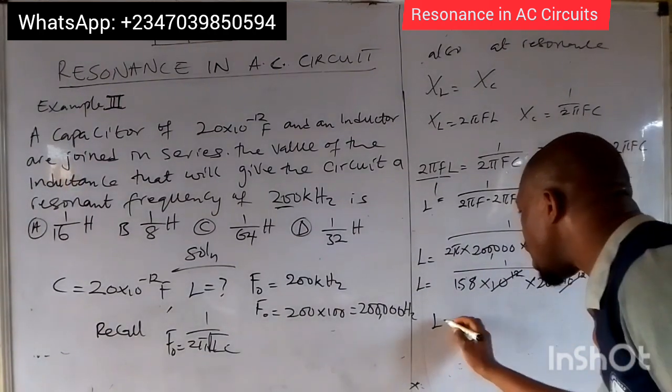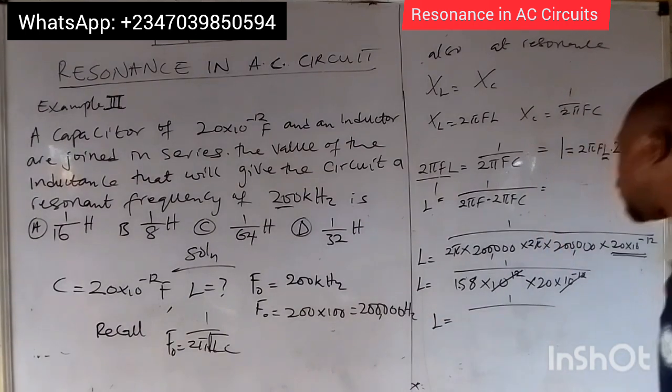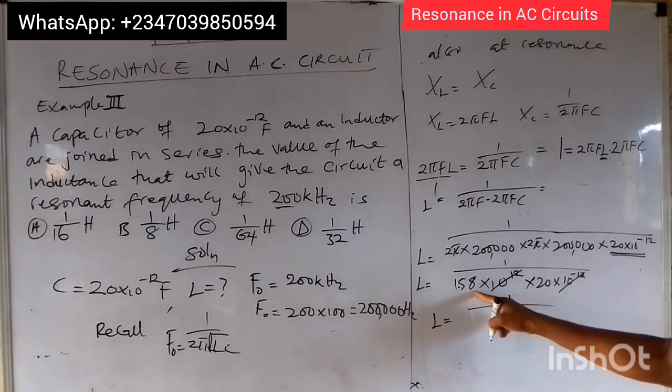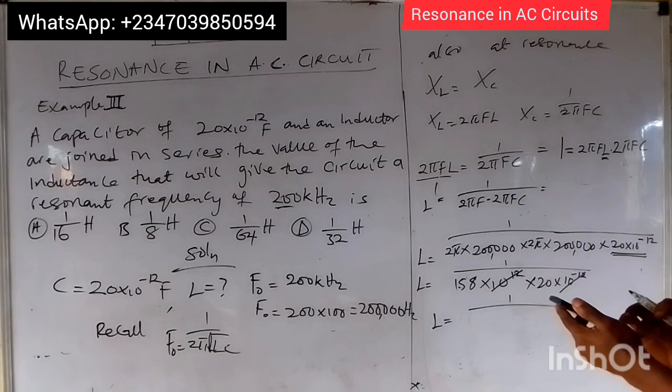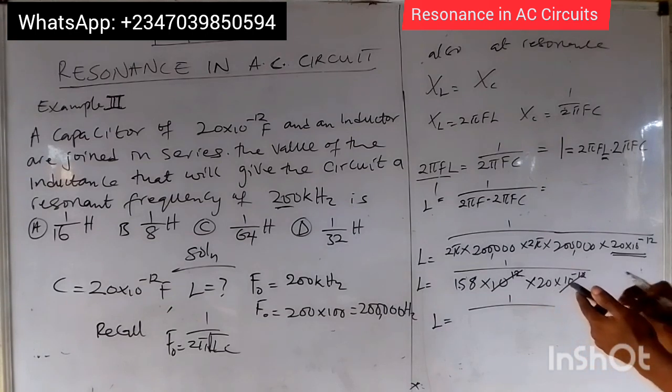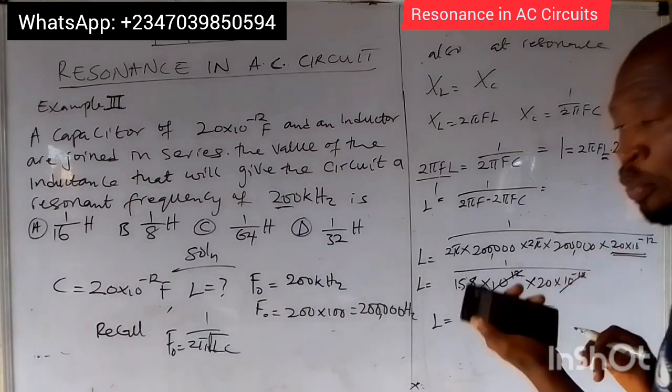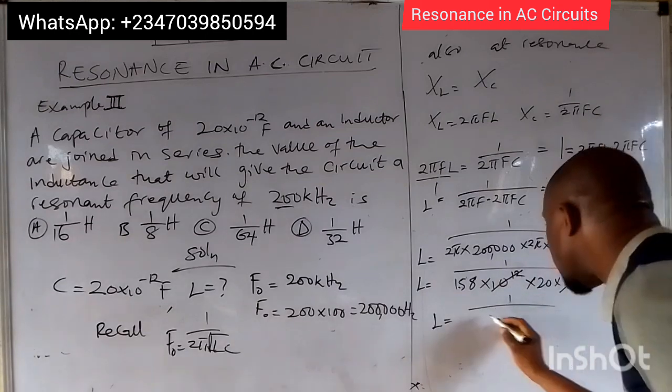And if they leave from there, we now have 1.58 times 20, which will give us 31.6.